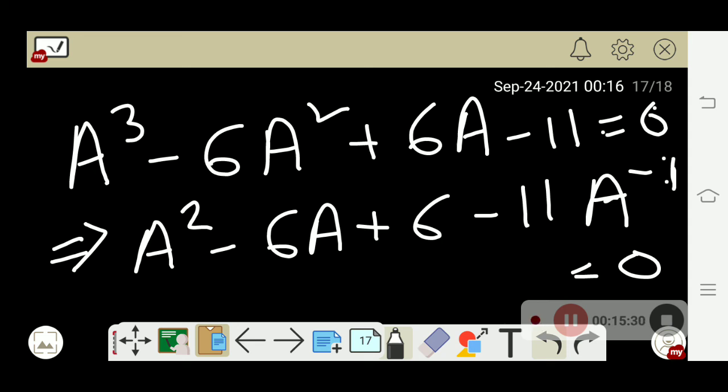You get my point? Just a division by A on both the sides. So A square minus 6A plus 6 minus 11 A inverse equals 0.